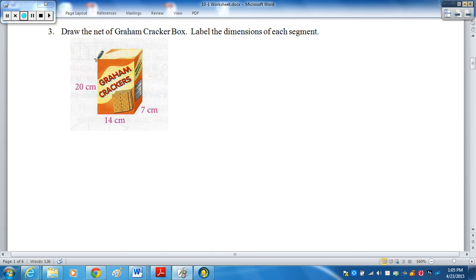You can see that the front face has dimensions of 20 by 14. We've got the height of 20 and the base length of 14. I'm going to label one side as 20 centimeters and make congruency marks there. I'm going to label another side as 14 centimeters and make congruency marks for that one as well.